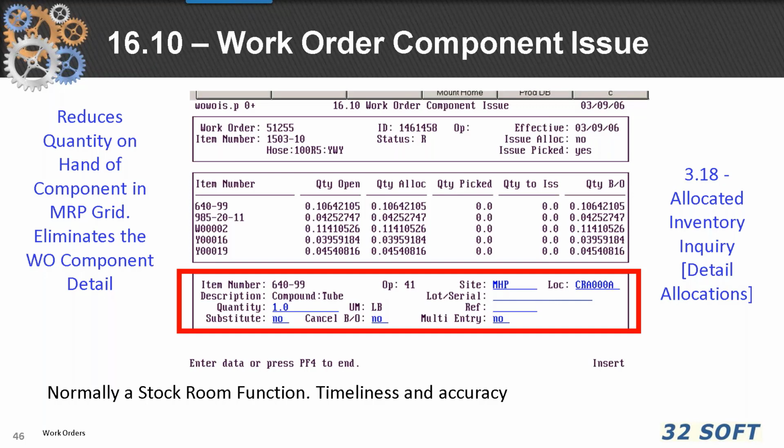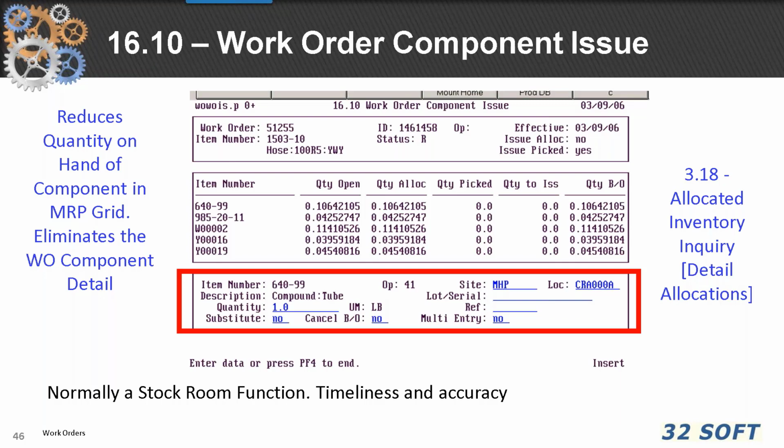Component item quantity on hand is reduced by the 16.10, either through the issue, or you can do it through backflush, or you can combine the work order backflush and a work order receipt into a single transaction of 16.12. Either method works to keep track of inventory transactions in the ISS-WO in 3.21.2.